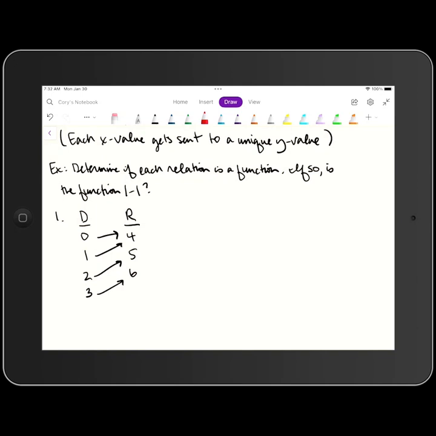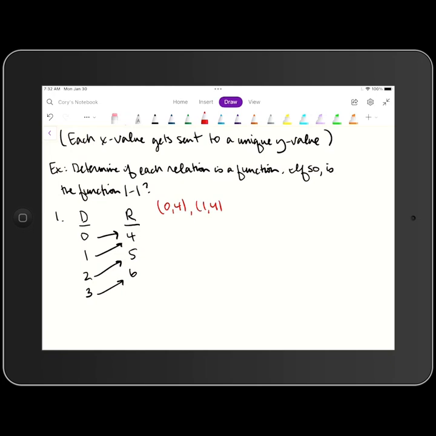This is what's called a mapping. When you see the domain value of 0 with an arrow to the range value of 4, that means this relation contains the ordered pair 0, 4. When you see 1 going to 4, it also contains the ordered pair 1, 4, and so on and so forth.